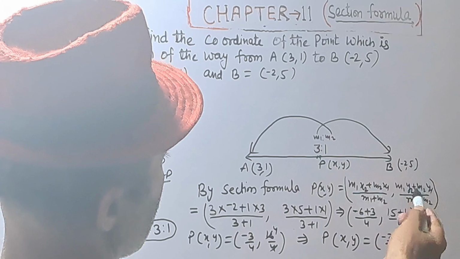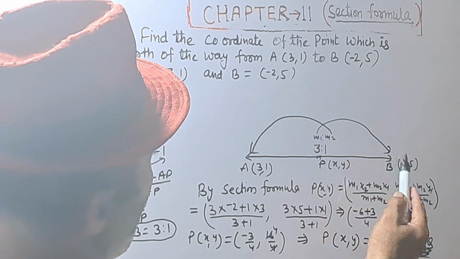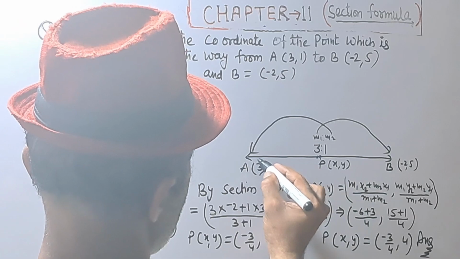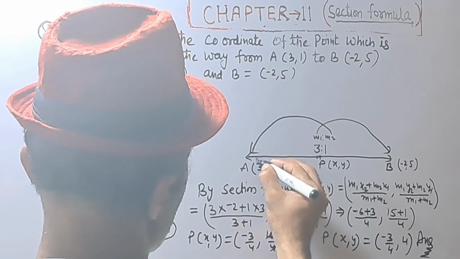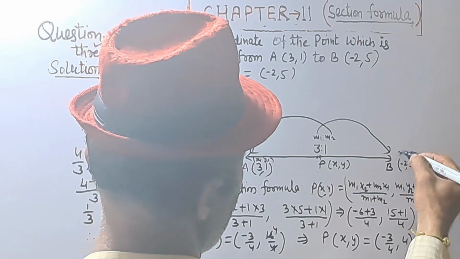P(x, y) is equal to (m1 x2 plus m2 x1) upon (m1 plus m2). m1, it's (x1, y1), and it's (x2, y2).